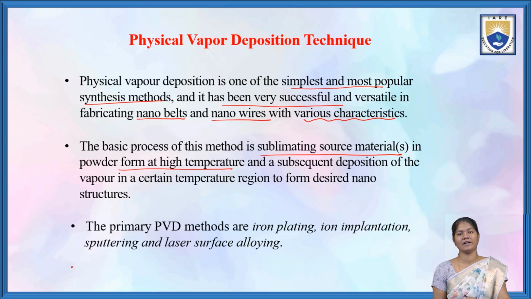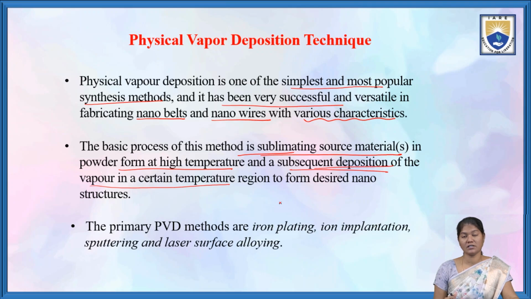The source material is converted into vapor when kept at a high temperature, and subsequently that vapor is deposited on a substrate in a certain temperature region, so we can get the desired nanostructures.